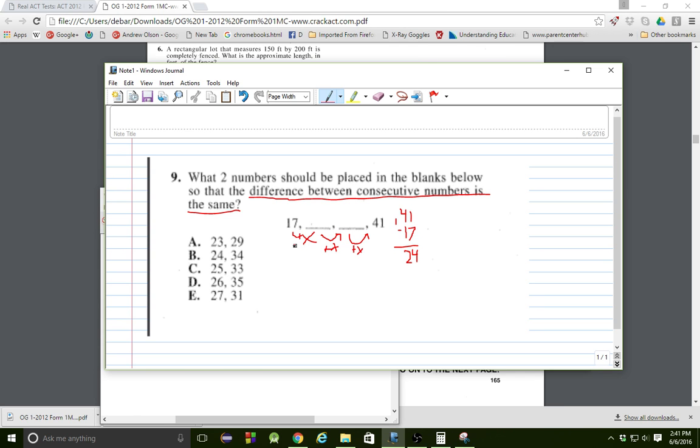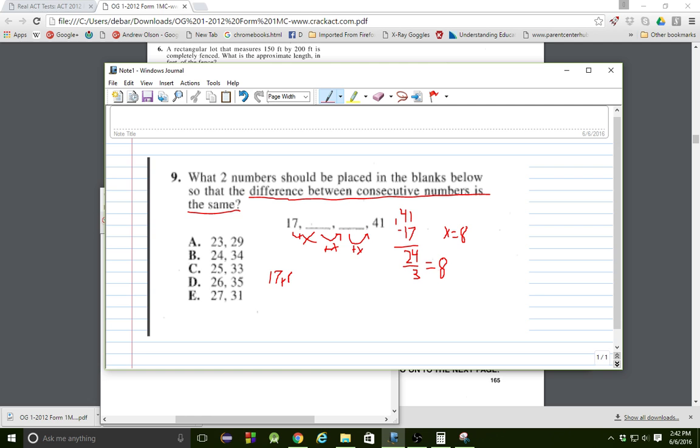So we have to divide by 3 because we added x 3 times in order to get 41. 24 divided by 3 equals 8, right? So x equals 8.